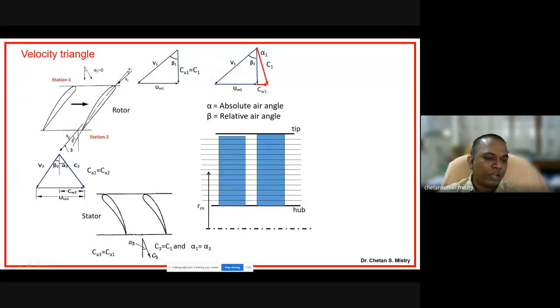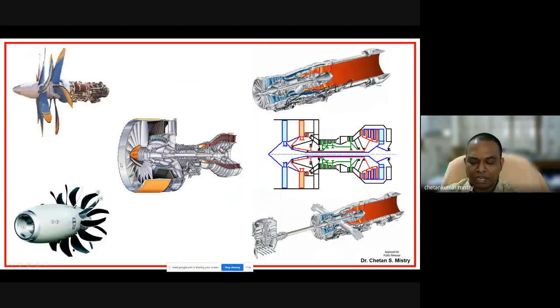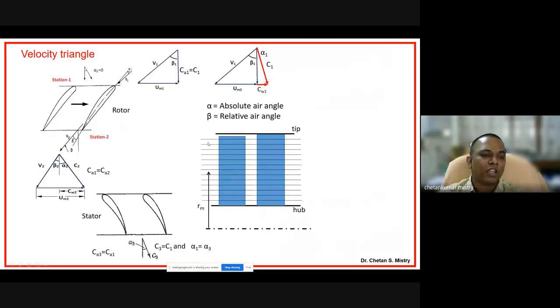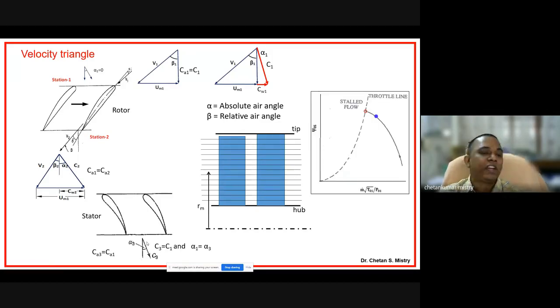Let me tell you, this peripheral speed U is a function of my diameter. Here at this station I am calculating my U. If I put this at the tip, my U changes, so my angles, beta 1, beta 2, alpha 2, alpha 3, all get changed. And that gives me the 3-dimensional shape.